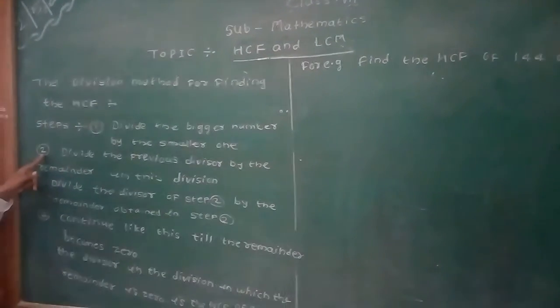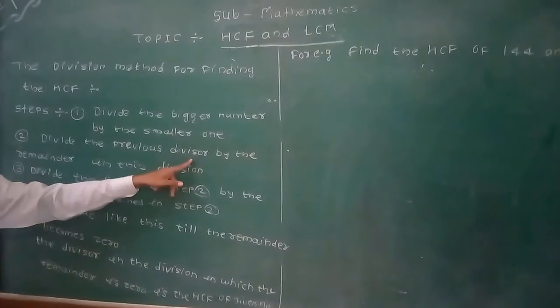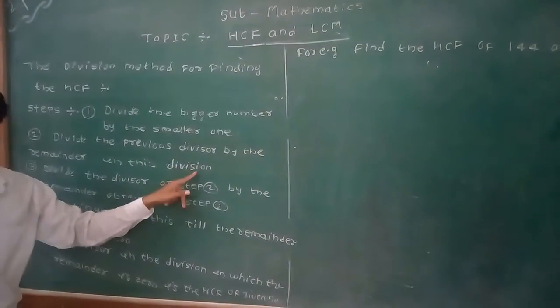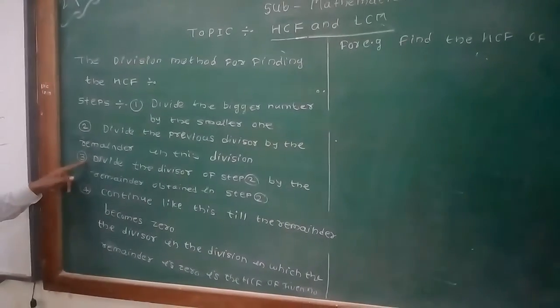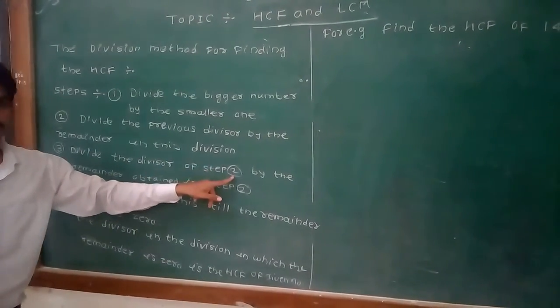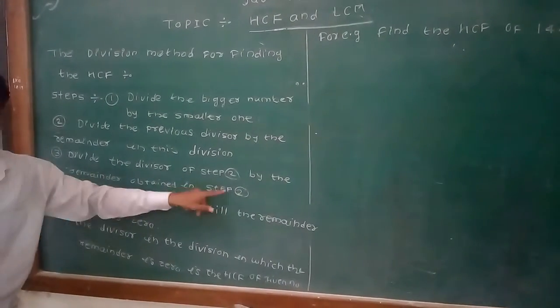The second step is to divide the previous divisor by the remainder in this division. The third step is to divide the divisor of step 2 by the remainder obtained in step 2.